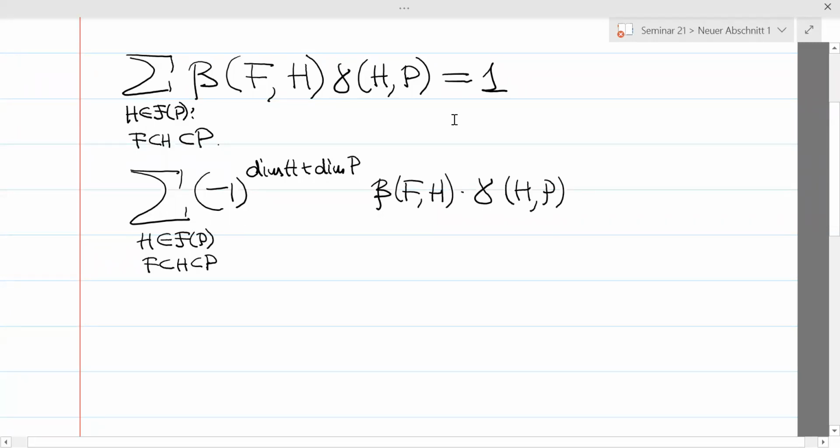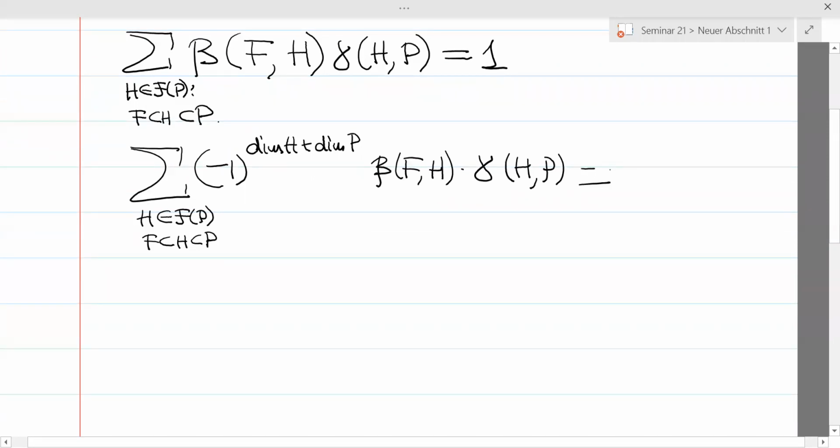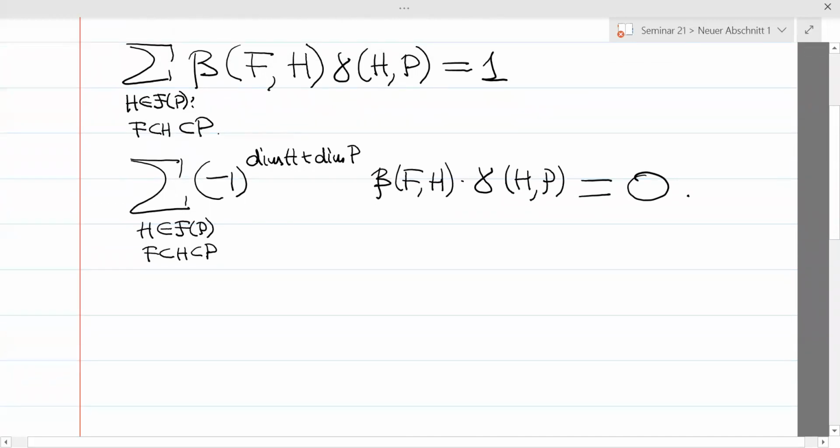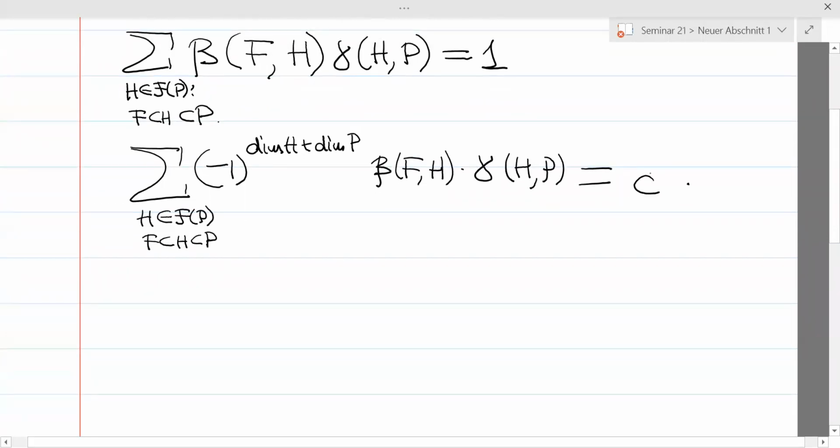Maybe I didn't say that gamma is the external angle of H inside P. If you need a definition, I can give it at the end of the talk. And this is 0 for every polytope P. Now, I'm sorry, it is not 0, it is the Kronecker delta function of F and P, which means that it is in most cases 0. It's 1 if F is equal to P and 0 otherwise.